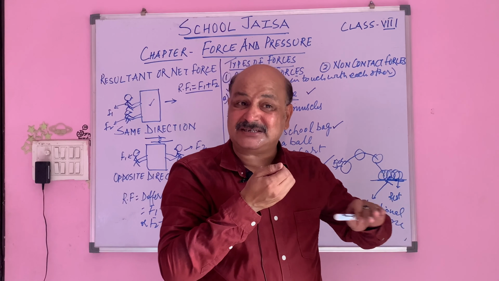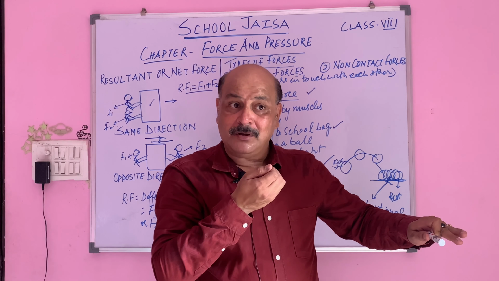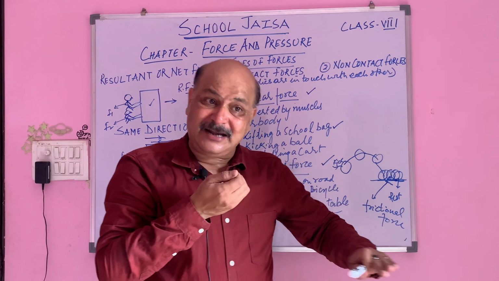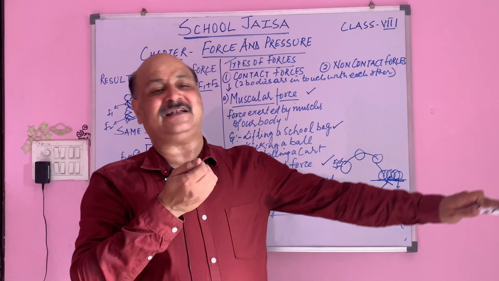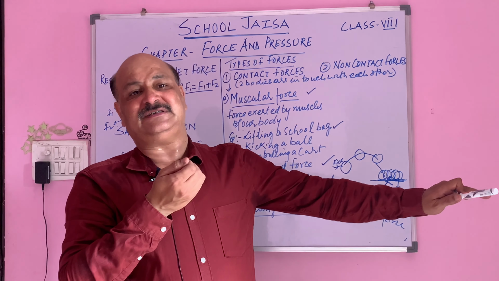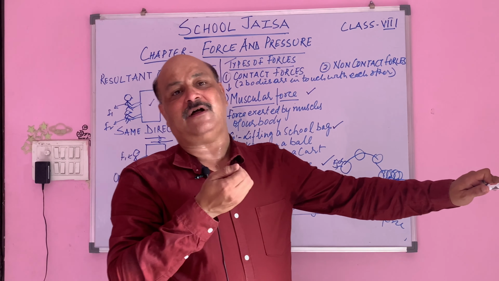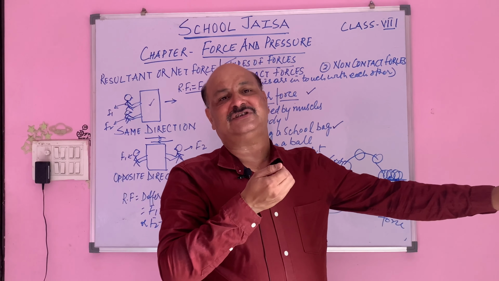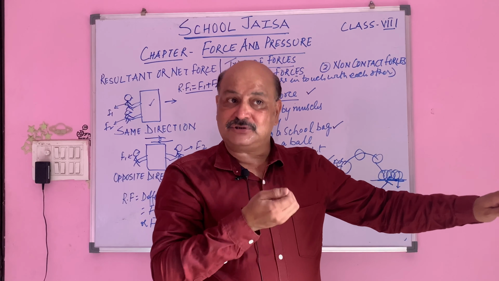Resist means it does not allow it to move, due to which a force is applicable at the back, in the opposite direction, and that force is called frictional force. That force is trying to oppose the motion, trying to stop the body.